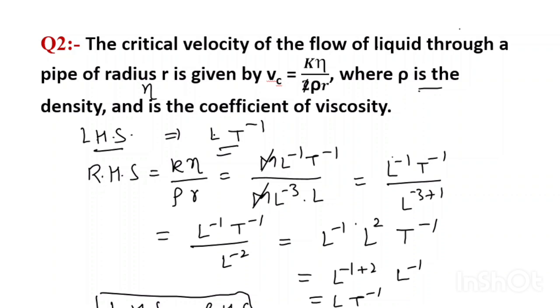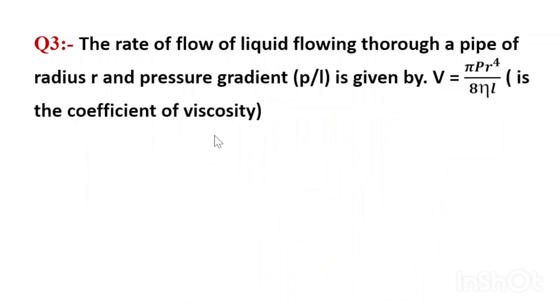Now come to next problem. The rate of flow of liquid through a pipe of radius r, pressure gradient P by l, is given by V equal to pi P r to the power 4 upon 8 eta l, where eta is the coefficient of viscosity. Now, come to the left hand side. Left hand side, this is the rate of flow of liquid.